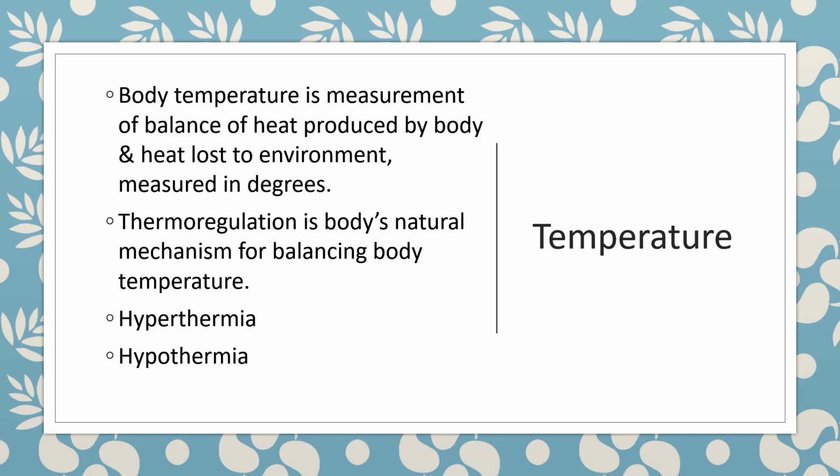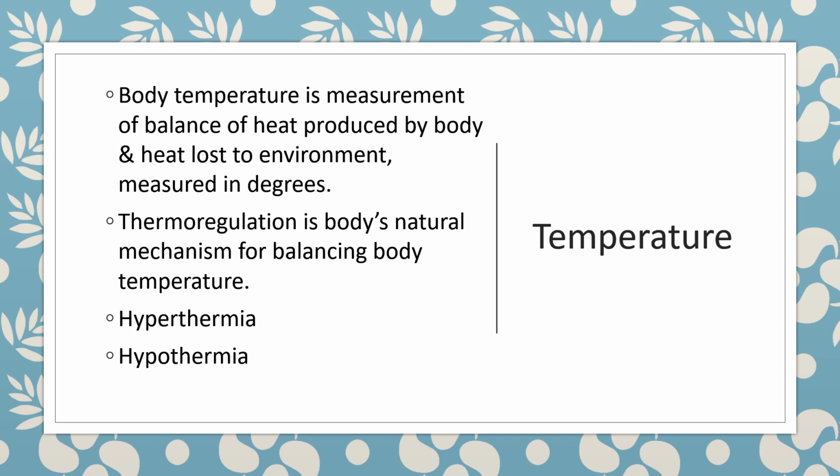The body will lose heat through conduction. This is the loss of heat that is due to direct contact with a cooler surface. It may also lose heat through convection. Convection is the loss of heat due to air currents, like having a fan blowing on you. Evaporation is the third way the body loses heat.